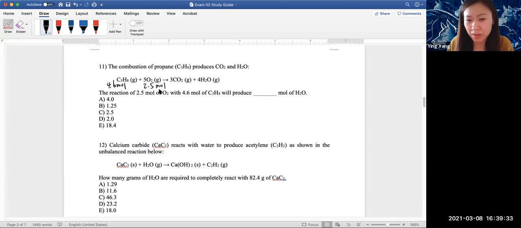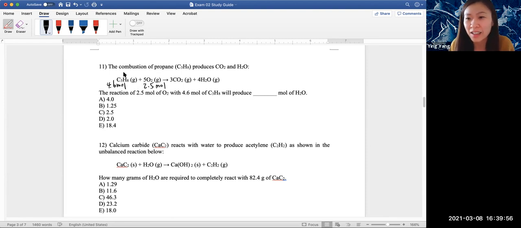You look at these numbers, then you realize they don't follow the stoichiometric ratio, right? If so, the molar ratio of this versus this should be 1 to 5. But actually now you have even more propane than oxygen.